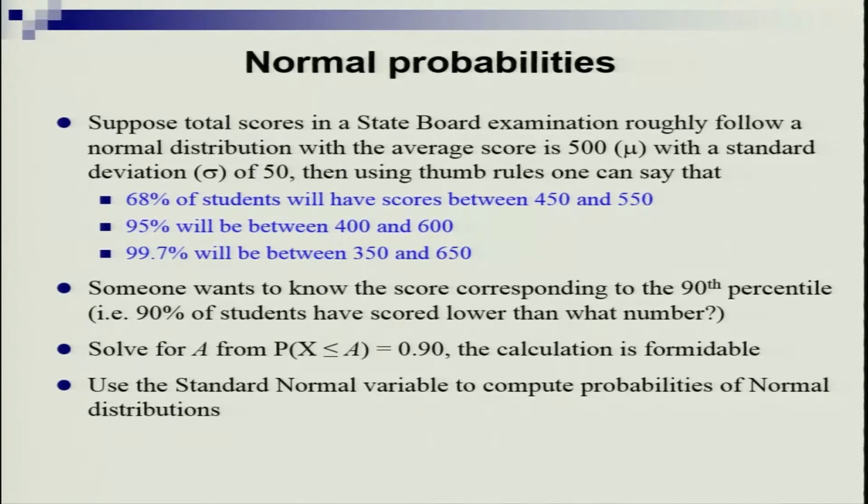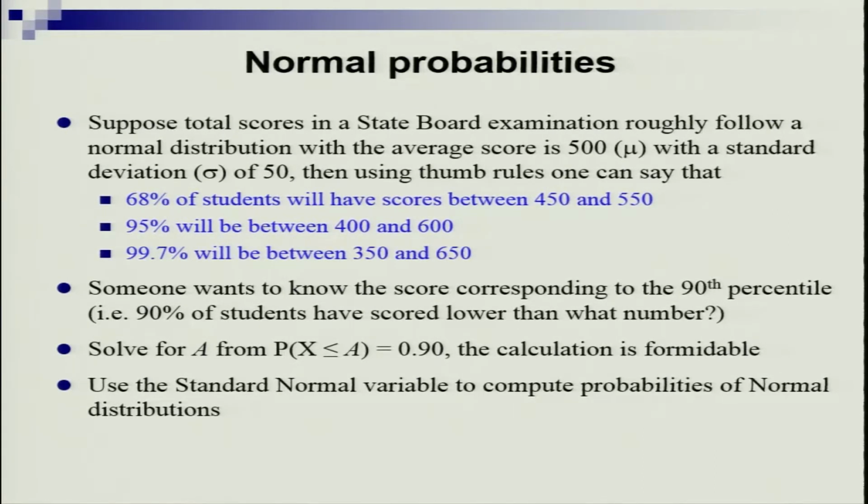If you remember, we ended the last lecture on the normal distribution by talking about some thumb rules about the portion of the data that lies between intervals like mu plus minus sigma, mu plus minus 2 sigma, and mu plus minus 3 sigma. We are going to see an application of that.